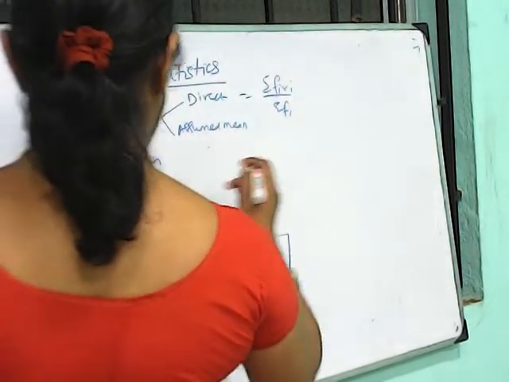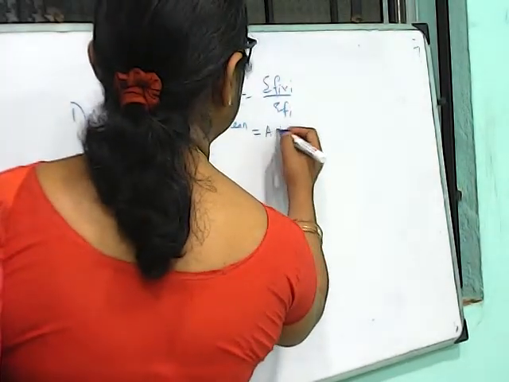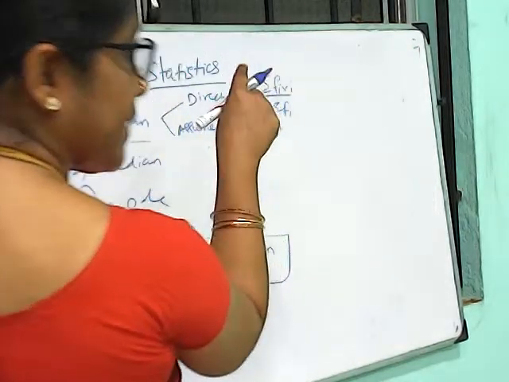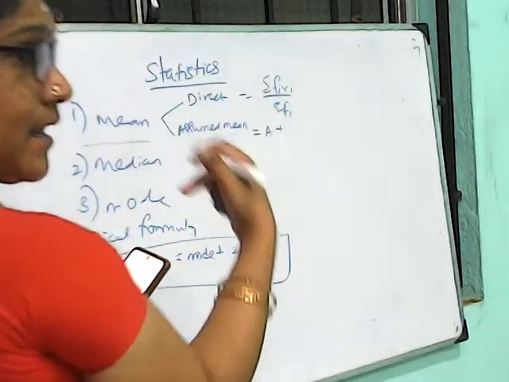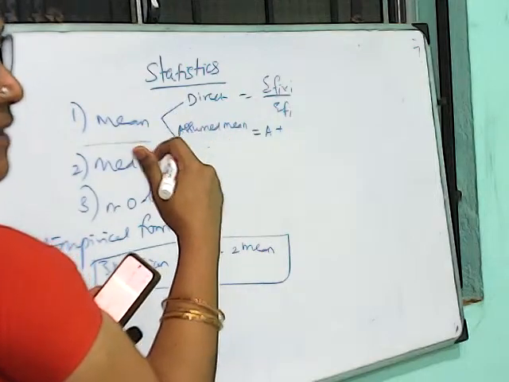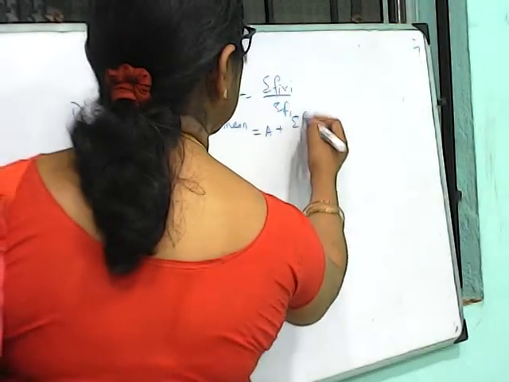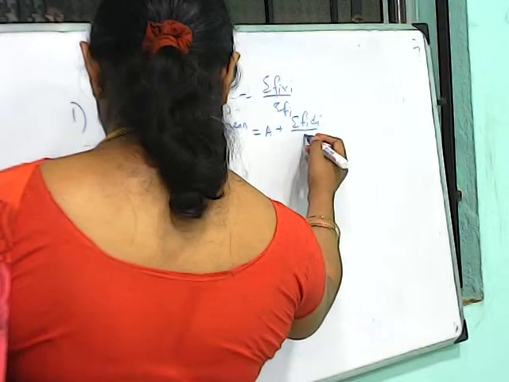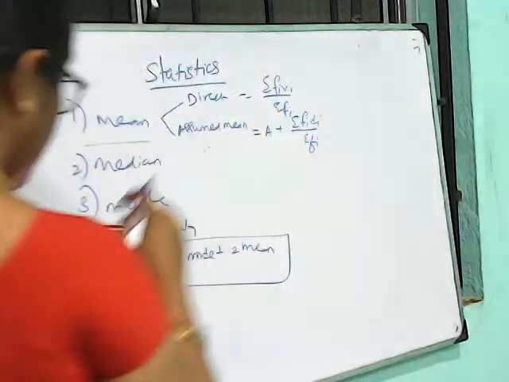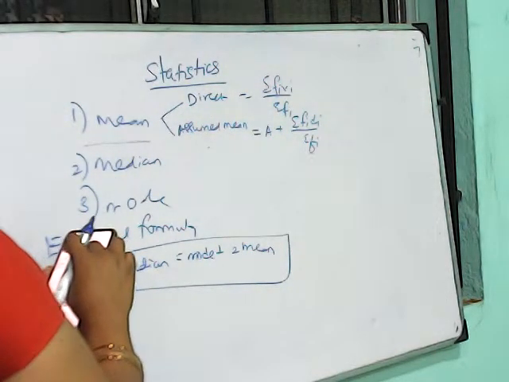In the assumed mean method, you have a plus there, you have to assume the mean. Summation fi di divided by summation fi. This is the case of the assumed mean method.